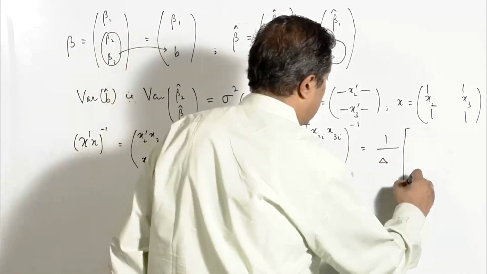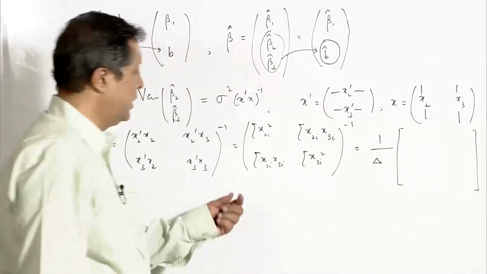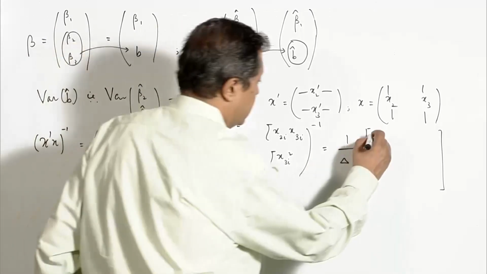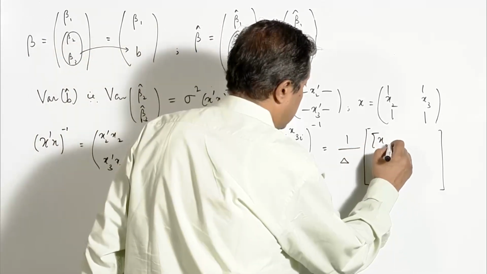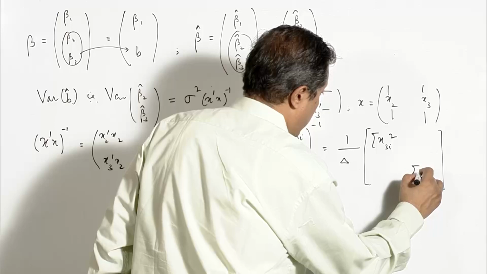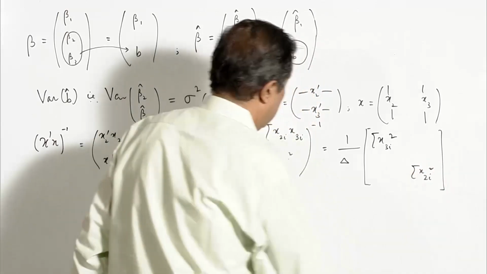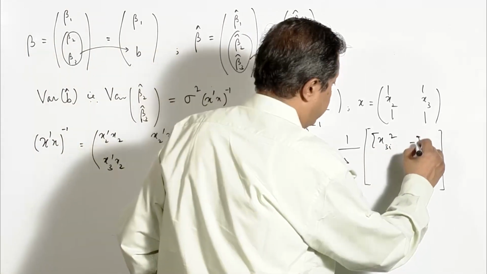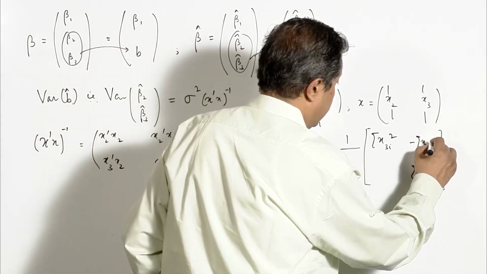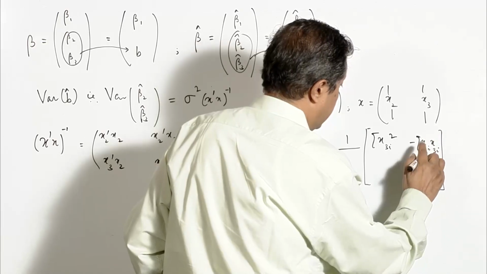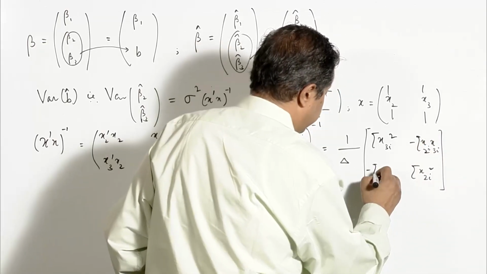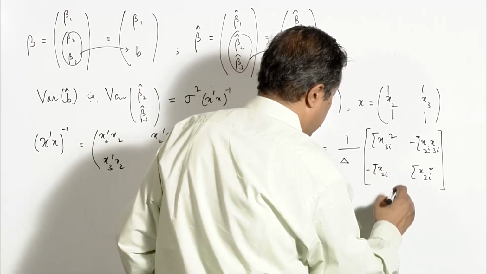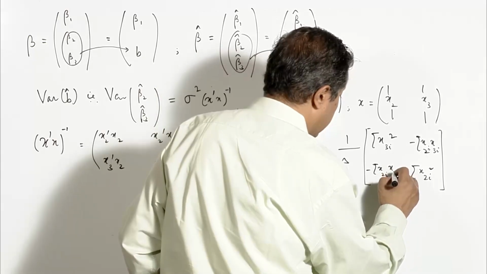And the remaining matrix is summation x3i square on the top left and summation x2i square on the bottom right, and towards the northeast corner we will have minus of summation x2i x3i, same on the southwest corner.